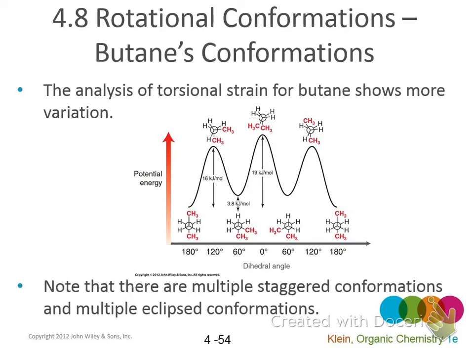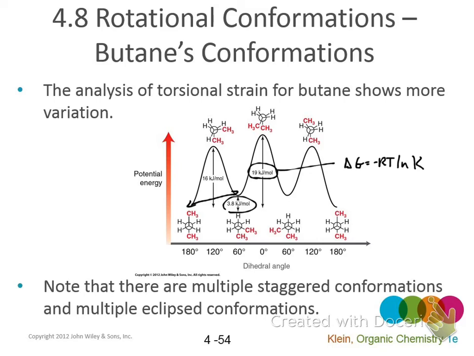You could take the energy difference here and do the delta G is equal to minus RT ln K, and calculate the fraction of time, like the equilibrium constant, for how much time it spends in that position relative to eclipsed. Or you could do the same thing if you wanted to know the energy or percent of time difference between these two. You could just calculate that. Okay, and it's always the same equation. You just plug it in, calculate the equilibrium constant.